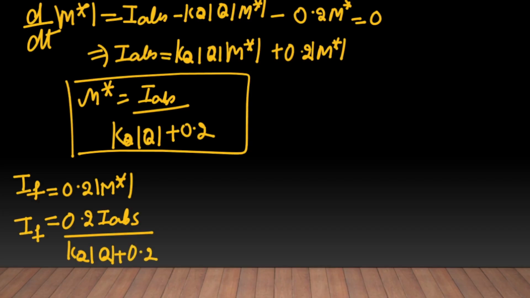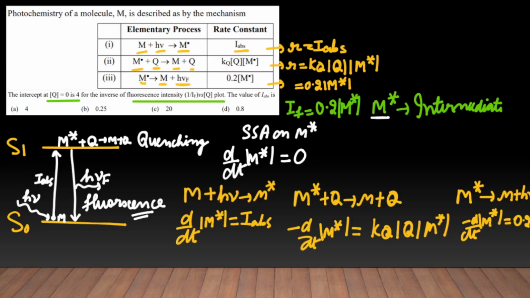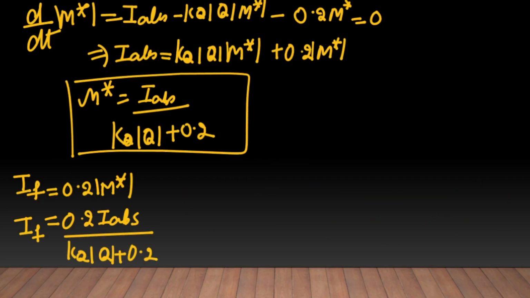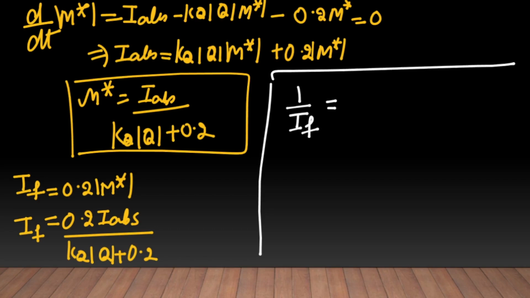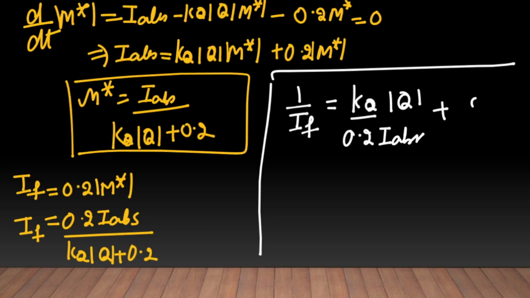Now the plot we want is for the inverse of this fluorescence intensity, which means the 1 by IF value. 1 by IF is kq times q upon 0.2 into I observed, plus 0.2 upon 0.2 into I observed.